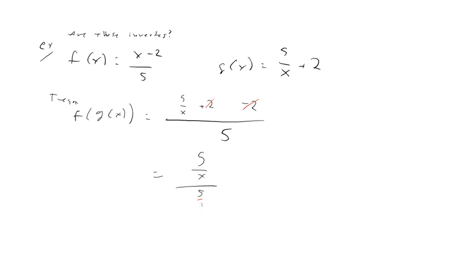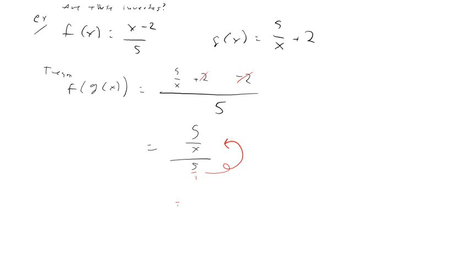A little flip. Flip it around and multiply. So this becomes 5 over x times 1 over 5. And again, I have a 5 on the top of the fraction and a 5 on the bottom of the fraction, and they cancel out.